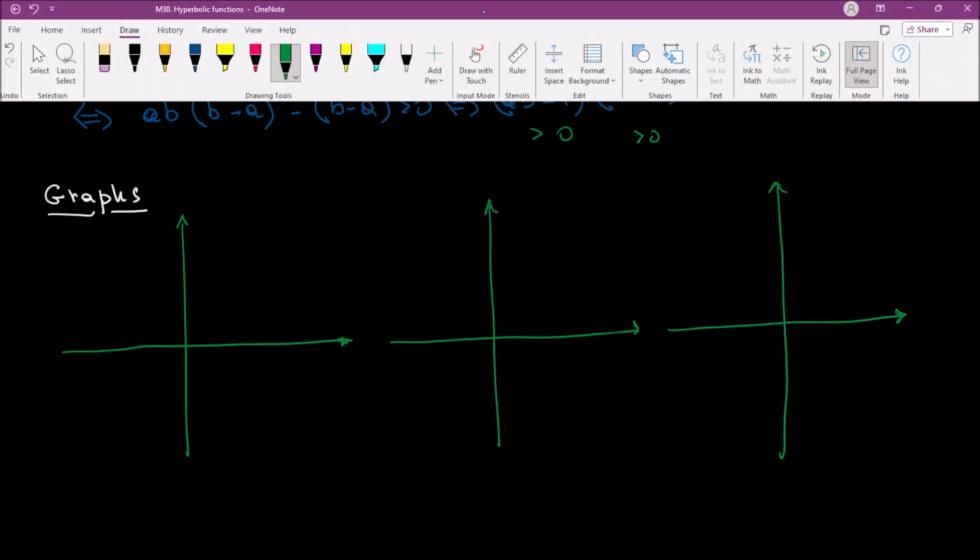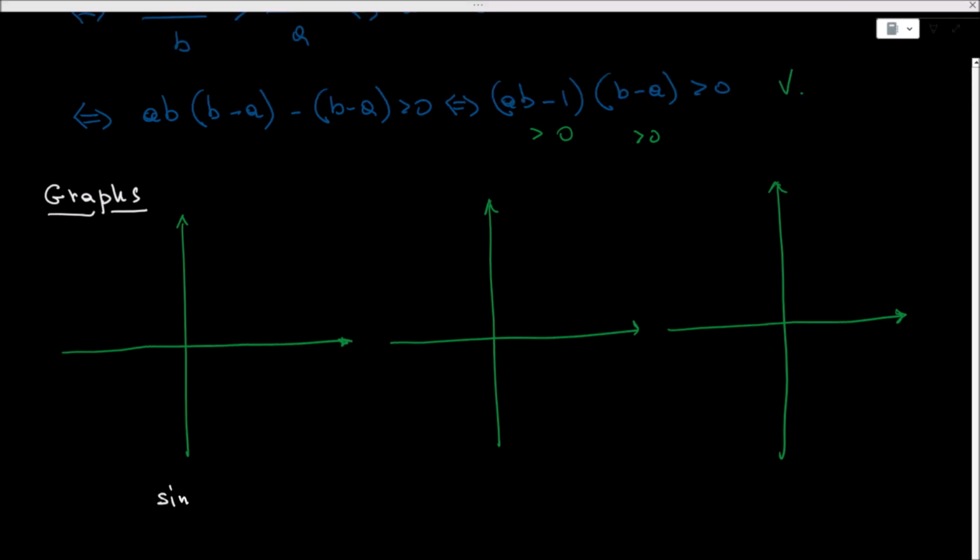So the hyperbolic sine of x, hyperbolic cosine of x, and hyperbolic tangent of x.